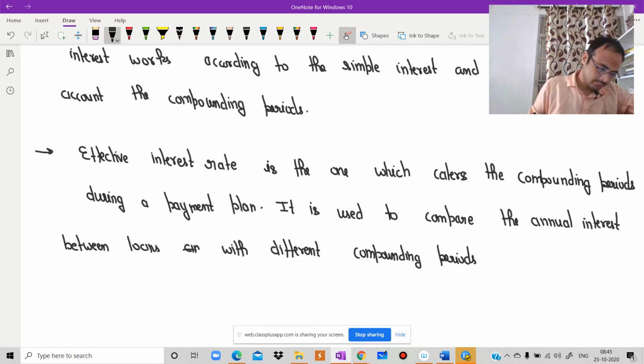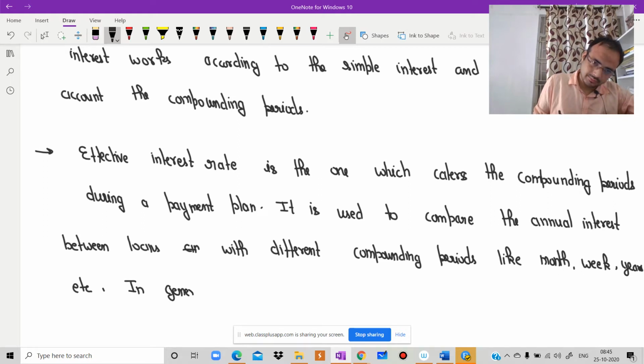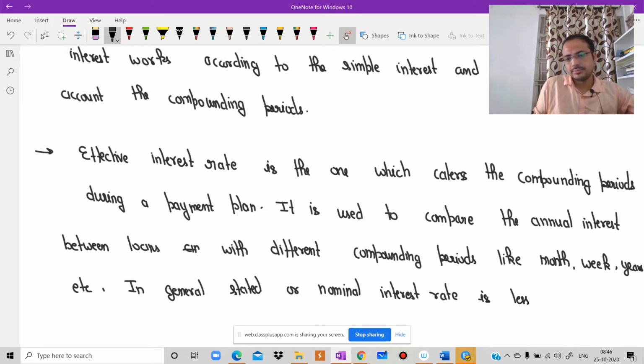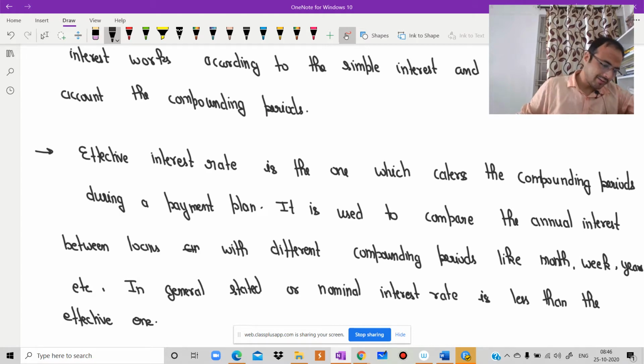Compounding periods like month, week, years, per 6 months, etc. In general, the stated or nominal interest rate is less than the effective one.